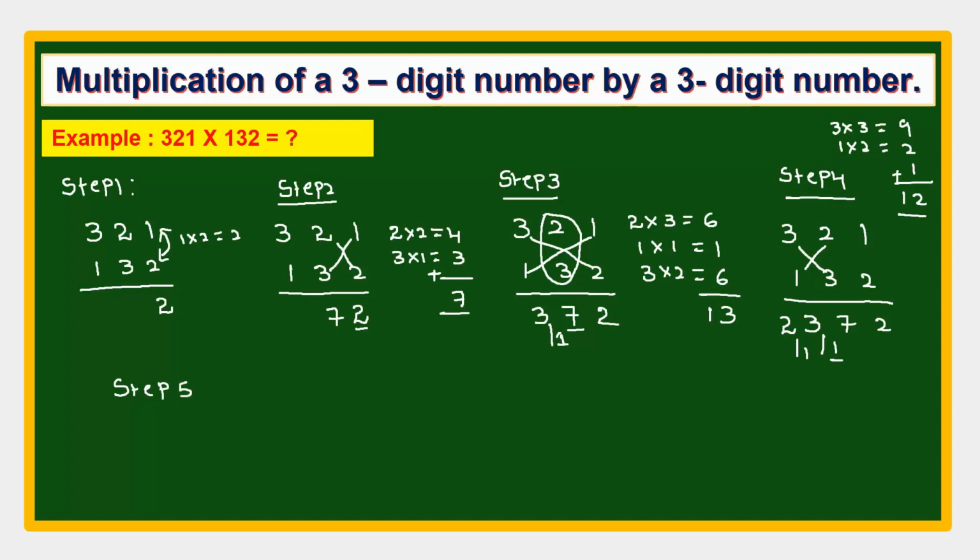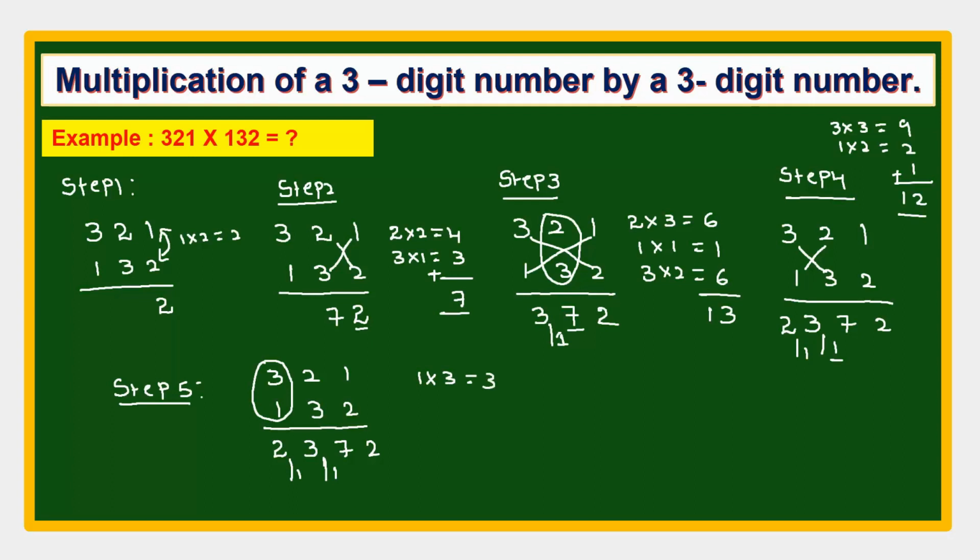Step 5. Next, step 5. 321, 132. We already performed 4 steps and we got 2, 7, 3, 2 and carry forward here 1, here also 1. Right. In last step, we have to multiply these two numbers. 1 into 3.